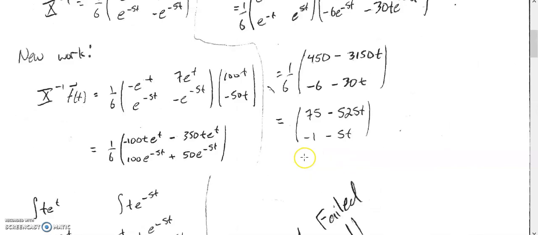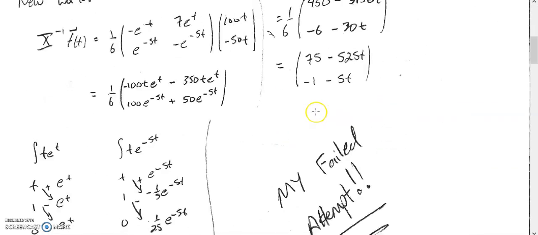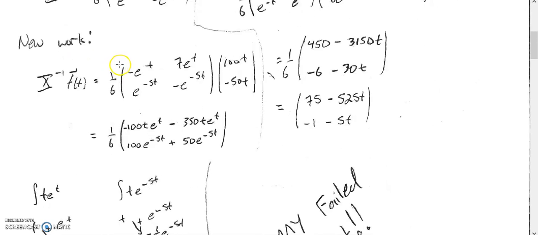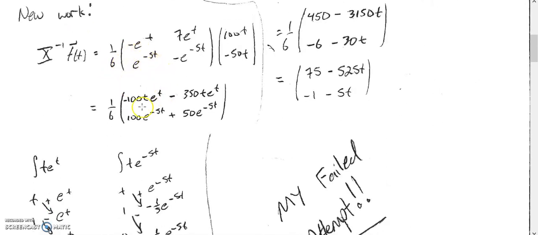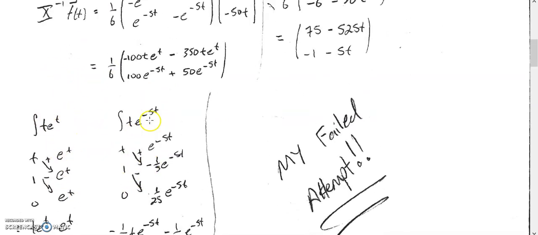Before I show you how to do it correctly, I want to show you my done-so-wrong, failed attempt. And hopefully this will help you see a couple spots where you should take shortcuts or condense your work, or not mess it up. I think my mistake was in this integration by parts.